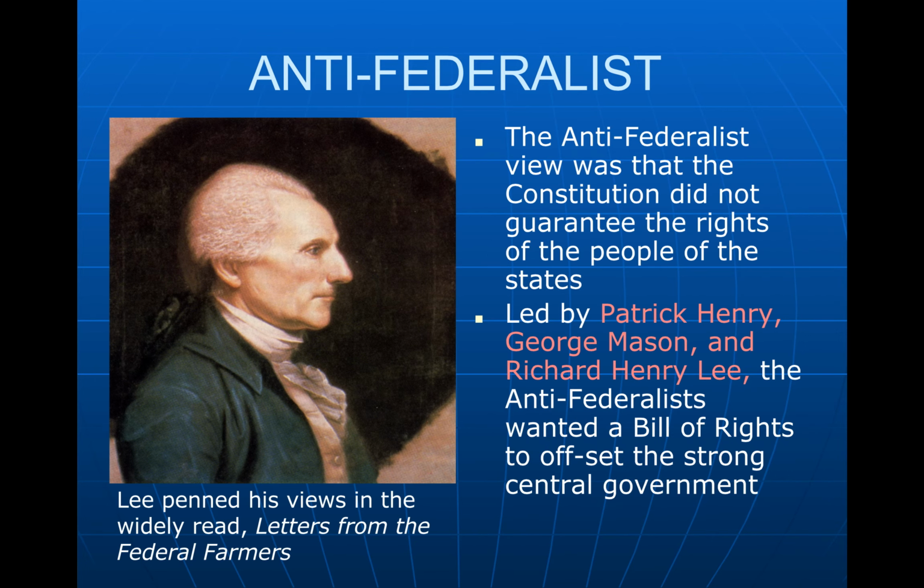On the other hand, you have the Anti-Federalists, and they viewed that the Constitution did not guarantee the rights of the people of the states. This was a big issue for the Anti-Federalists, and they were led by Patrick Henry, George Mason, and Richard Henry Lee. They wanted a Bill of Rights to offset the strong central government.